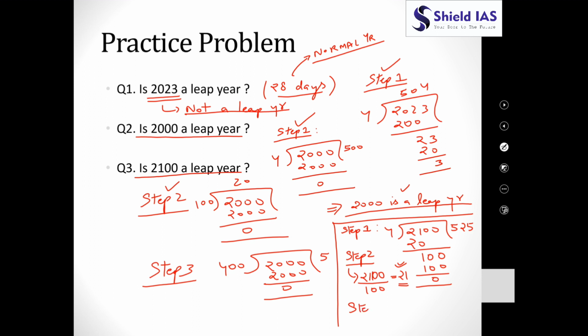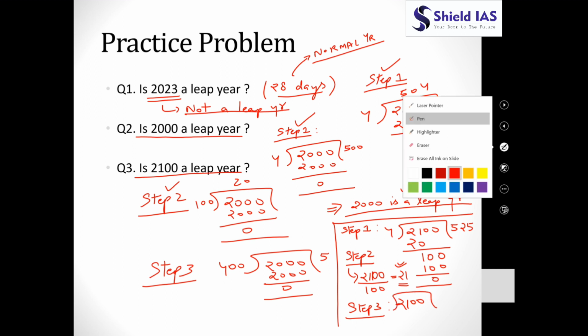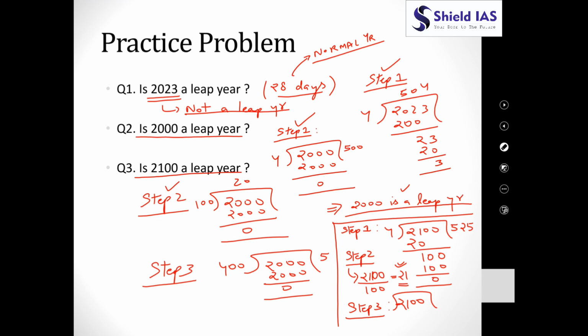Step 3, if it is evenly divisible by 100, then we have to check whether it is divisible by 400 or not. However, we can directly see, okay, let me just do it here, right? 2100 is not divisible by 400.